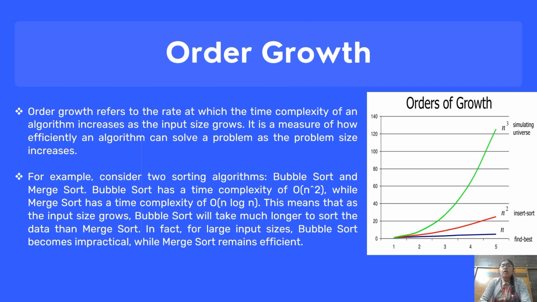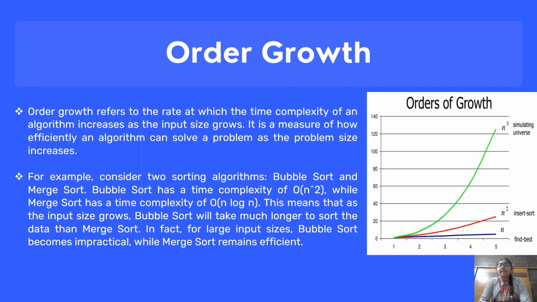Order of growth. Order of growth refers to the rate at which the time complexity of an algorithm increases as the input size grows. It is a measure of how efficiently an algorithm can solve a problem as the problem size increases. For example, consider two sorting algorithms, bubble sort and merge sort.